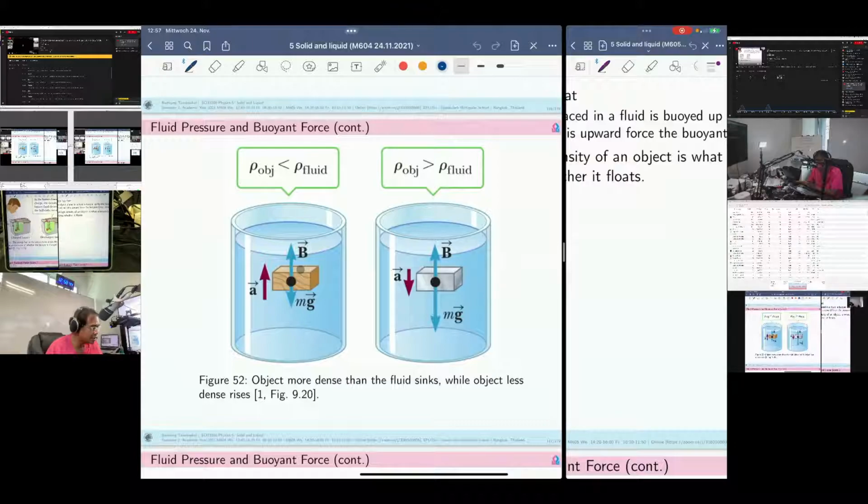And the buoyant force is the force that tries to lift this material up. And in this case, you can see that when the object has less density than the fluid, the buoyant force is going to be larger than the weight, right?